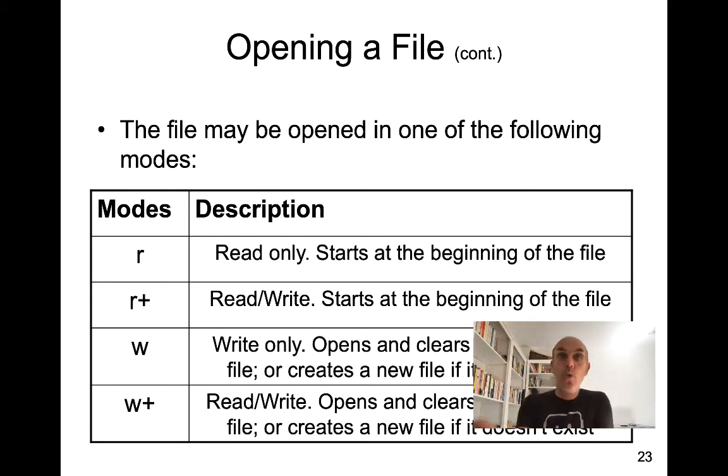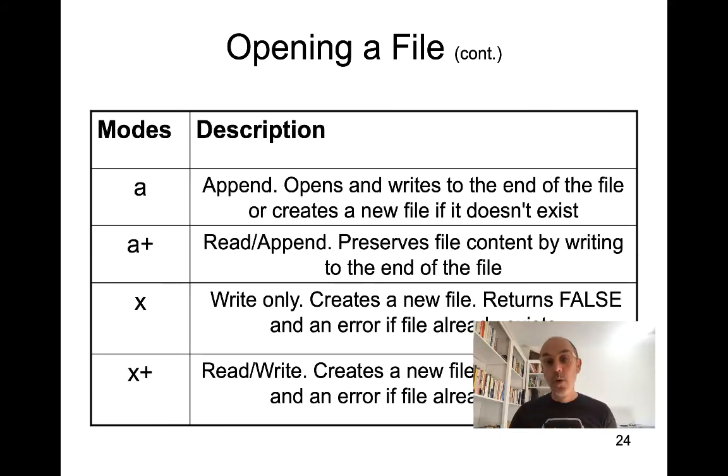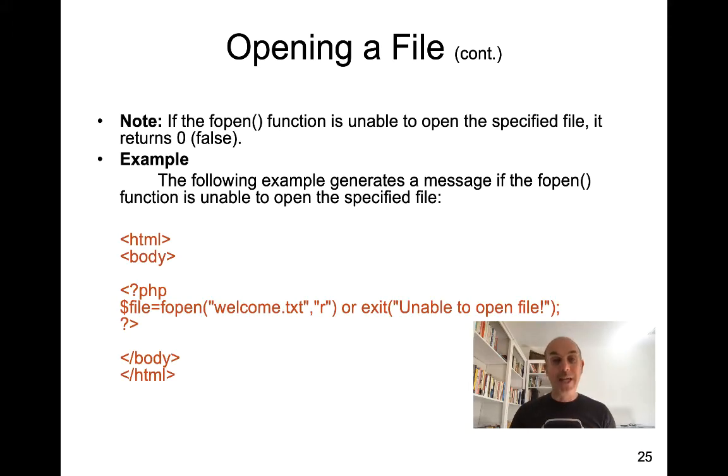However, it's up to you to decide how it will work. a is append, which means open and write to the end of the file, or create a new file if it doesn't exist. a+ is read and append. x is write only. x+ is read and write, create a new file, return false, and an error message will come if the file already exists.